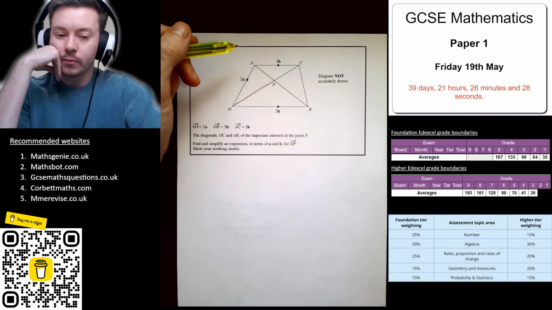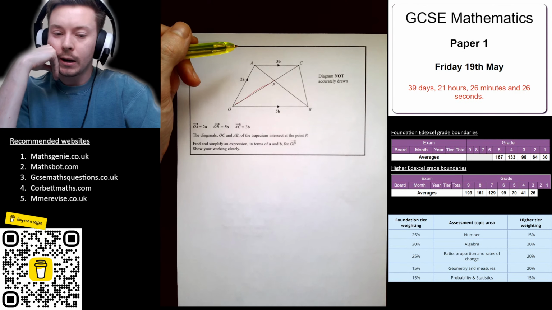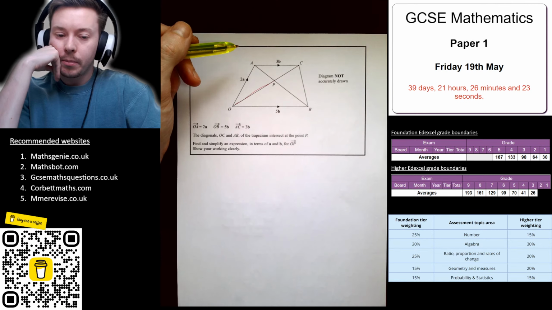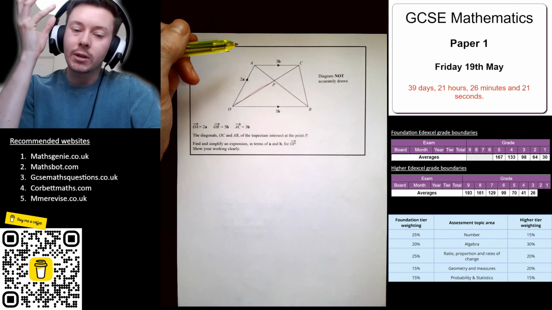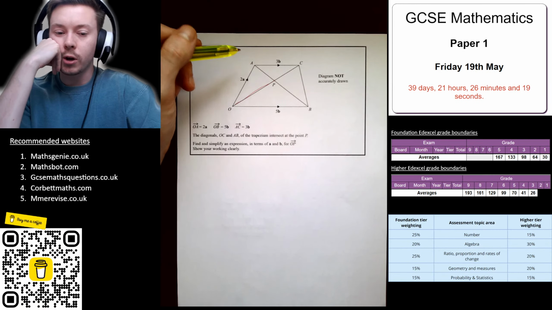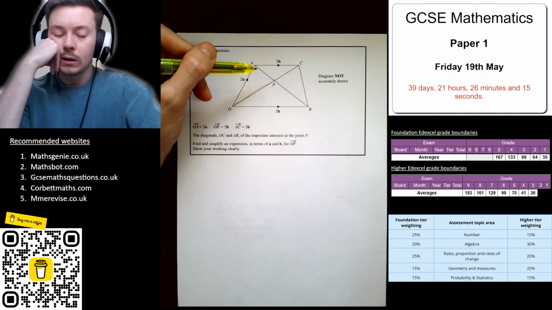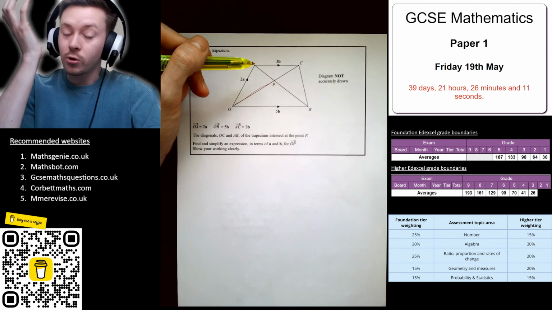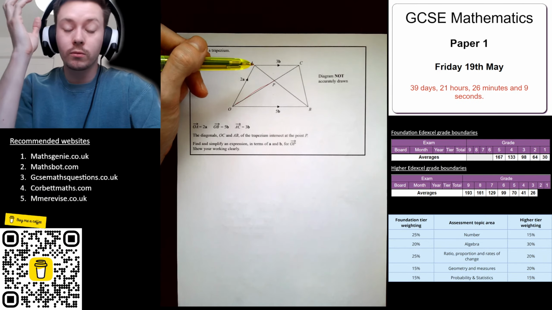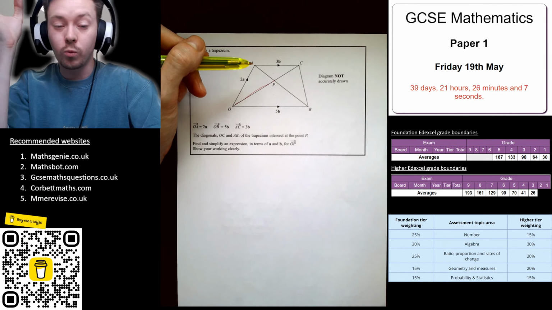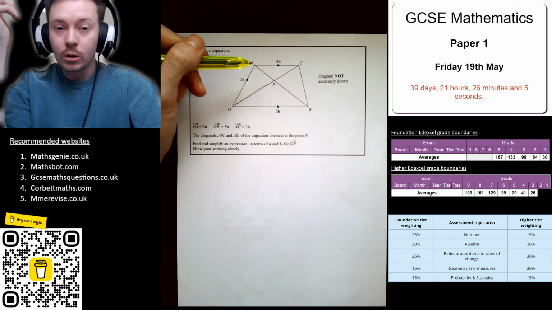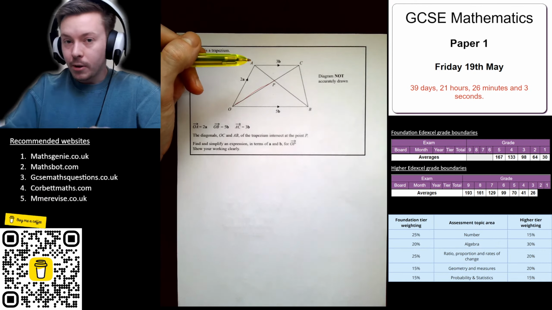The only issue is you don't have angles, so it's a bit trickier. But what you do know is that this triangle is congruent to this triangle, and so you might be able to use congruent triangles to do it. That's not the approach that I am going to take now, but it might be possible.